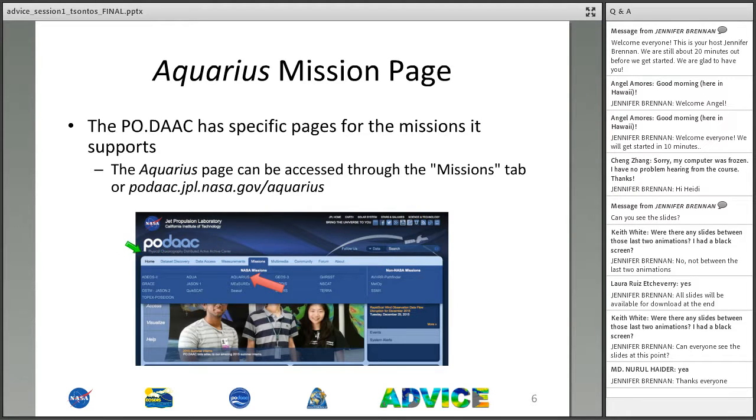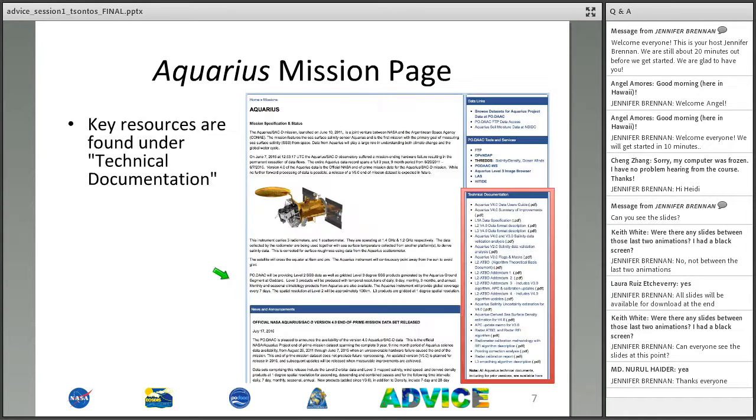To find out more about the Aquarius mission, in the main menu, there's an item that you can select called Missions, and you can see amongst the various NASA missions listed is Aquarius. Click on that, and what will come up is the Aquarius mission page that is illustrated in this slide.